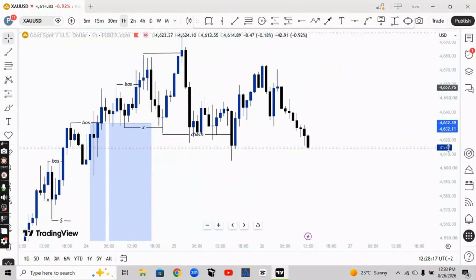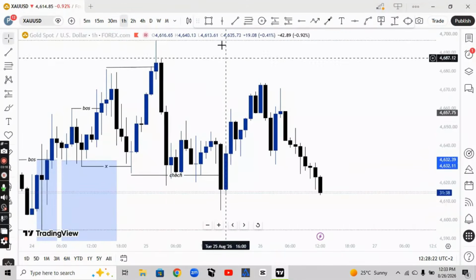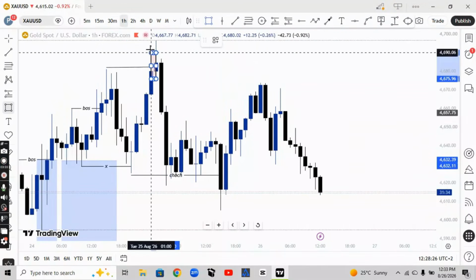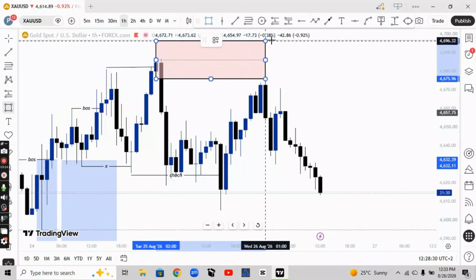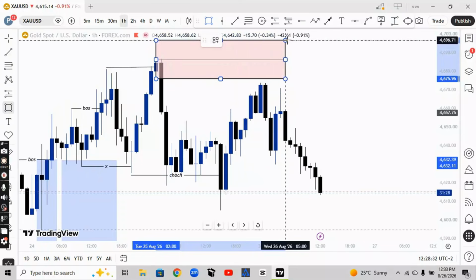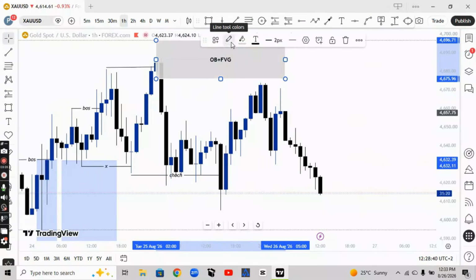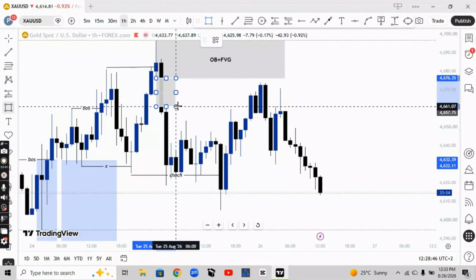So that being said, we then see if the market came to the level that broke structure. Price did not come to the order block. However, price came to the fair value gap, which is this.